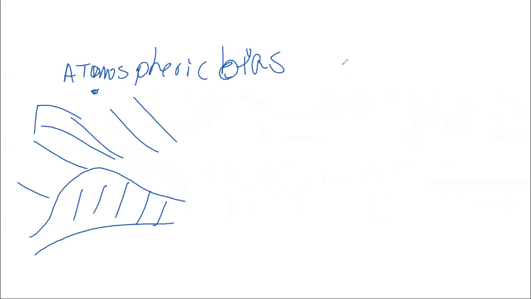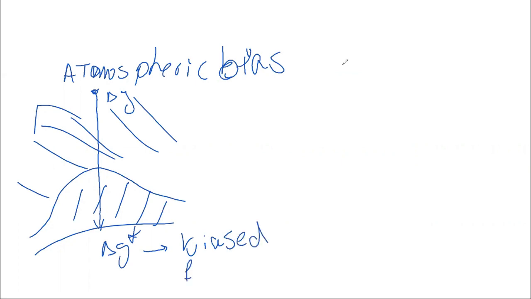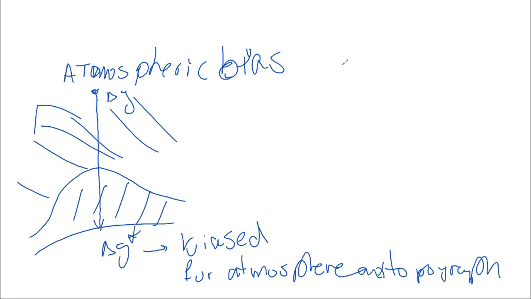If we ignore atmosphere and perform the downward continuation, we come to, for example, delta g star here, it will be biased for atmosphere and topography. Both. This means that we have to remove both biases.